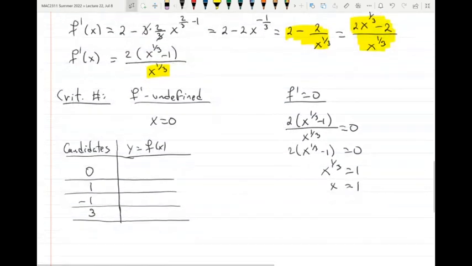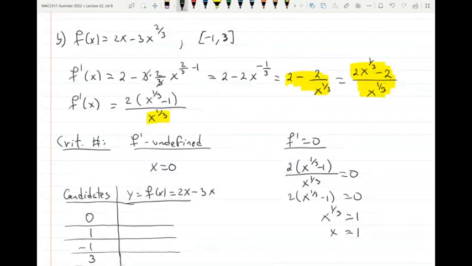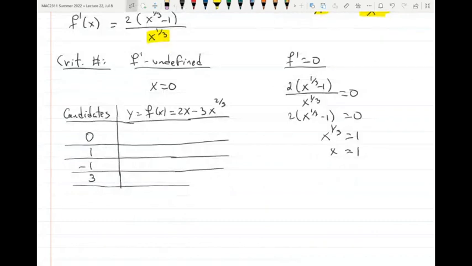Let me write down the formula here so it's easier to plug in, so I don't have to be scrolling. 2x minus 3 x to the 2/3. So what's the value of the function at 0? f of 0 is 0.